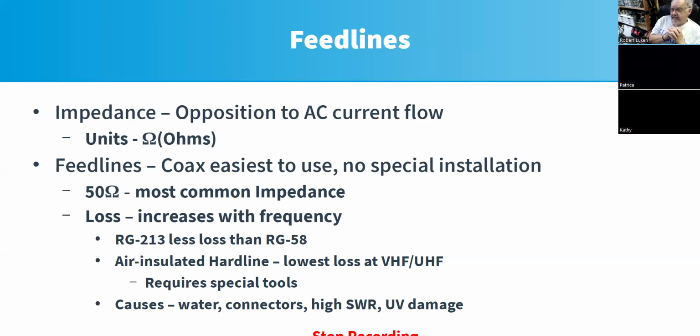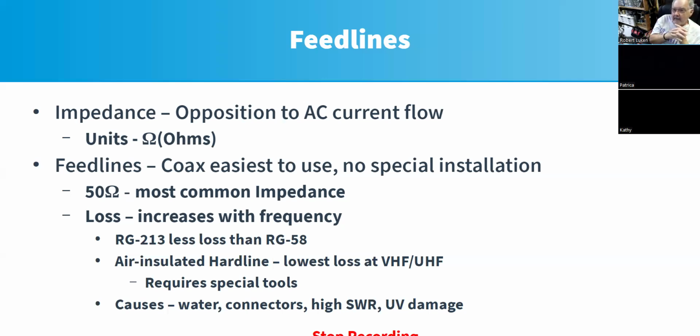You'll see 75 ohm for cable TV or maybe broadband. Almost all amateur radios operate on 50 ohms. So your radio is going to be 50 ohms, your feed line is going to be 50 ohms, and then you're going to need some matching network because your antenna is probably not 50 ohms.